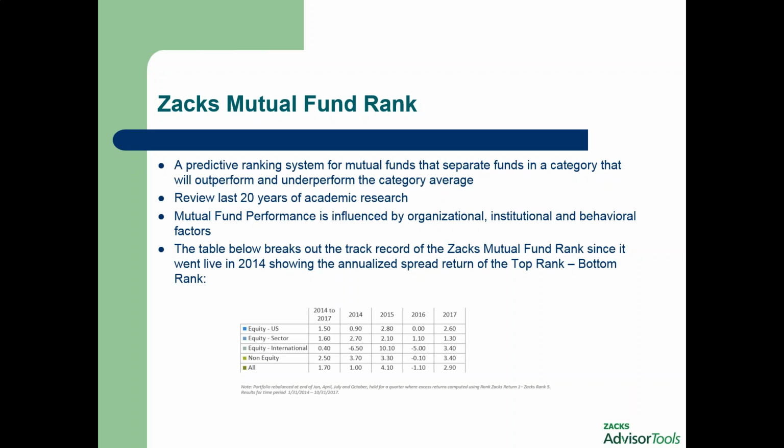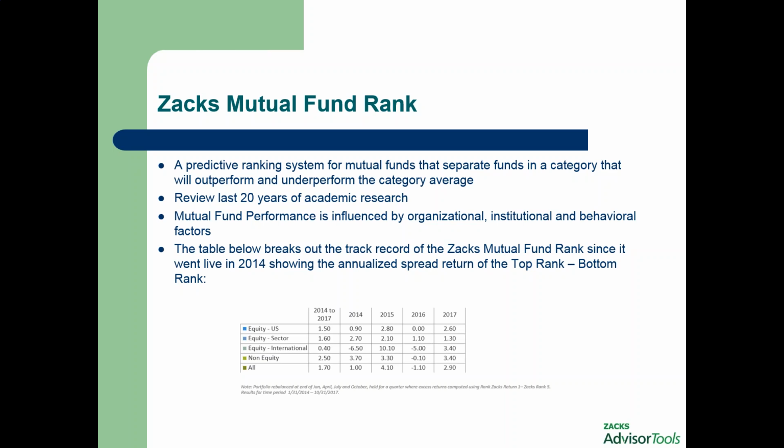average. And to create this mutual fund rank, we reviewed the last 20 years of academic research on the determinants of mutual fund performance and found to our surprise that there is a growing belief among investment academics that although individual stock performance may be random, mutual fund performance is influenced by organizational, institutional, and behavioral factors and can be predicted.